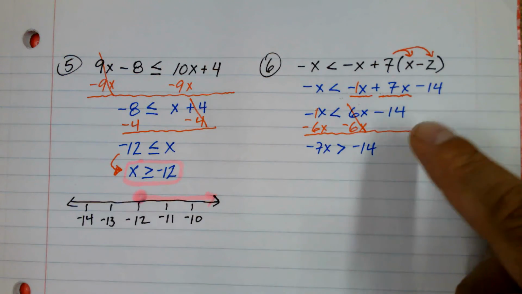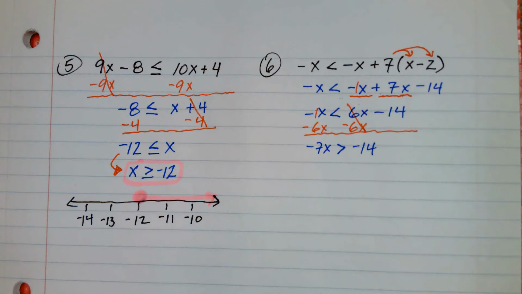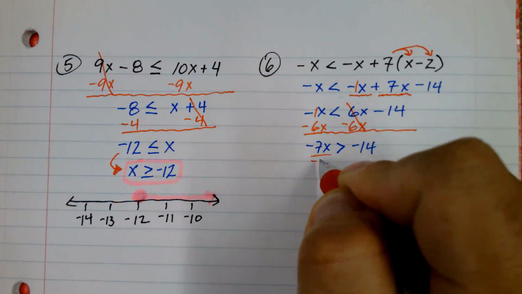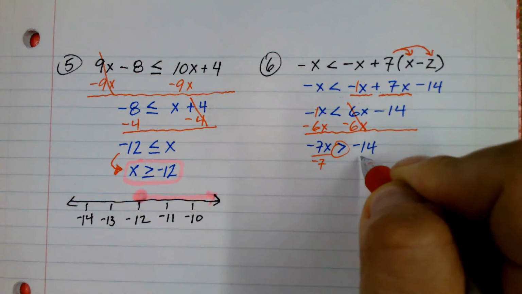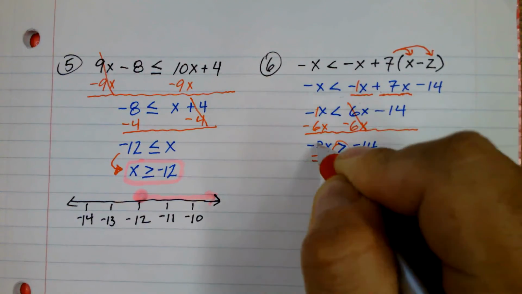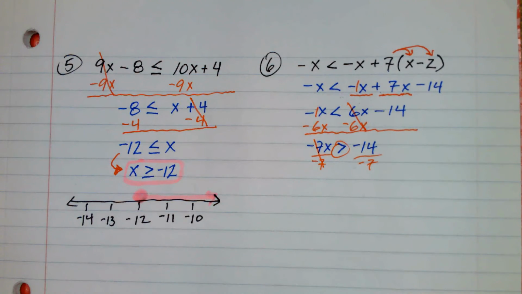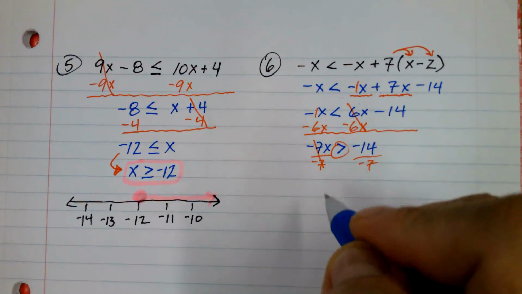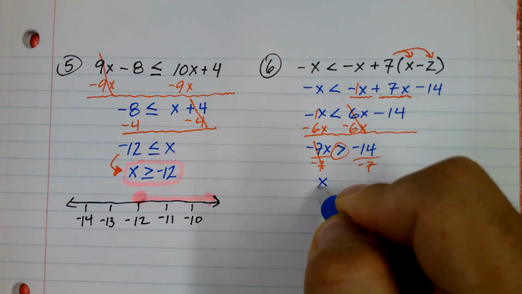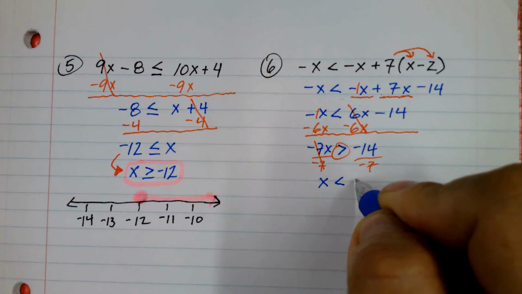That's why we went ahead and got rid of the 6x with a negative 6x. We're going to have to do a flip in a second, yes, because we're going to divide by negative 7. Since we're dividing by negative 7, we flip the inequality. It becomes x is less than 2.